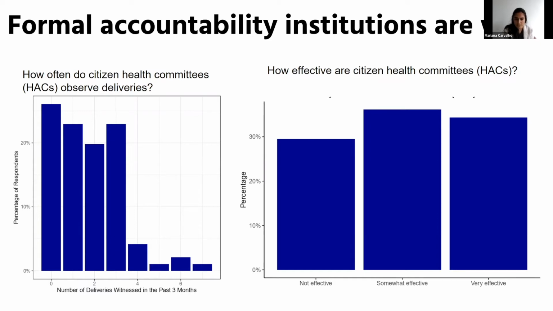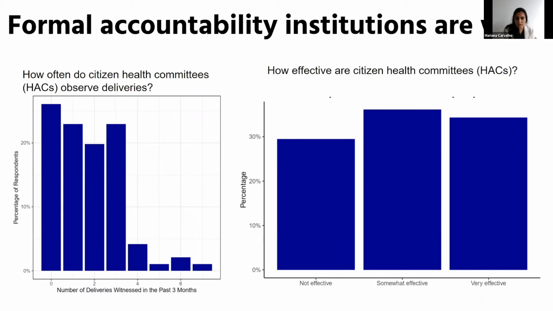And when we look at the survey with citizens, the graph on the right, they say that HACs are not very effective. So it's not only that HACs are not observing deliveries, but they are also not perceived as very effective by their communities. We also collected qualitative information on HACs, not only with the survey, but also with focus groups.